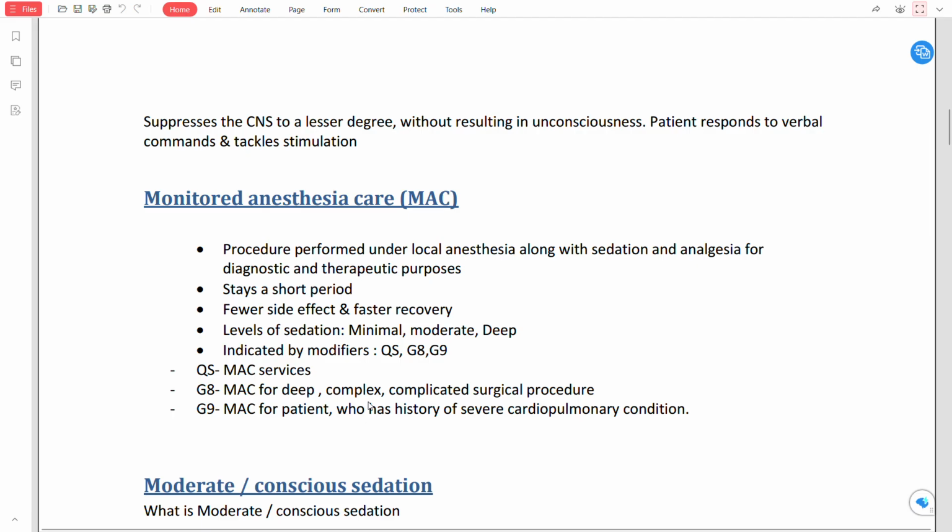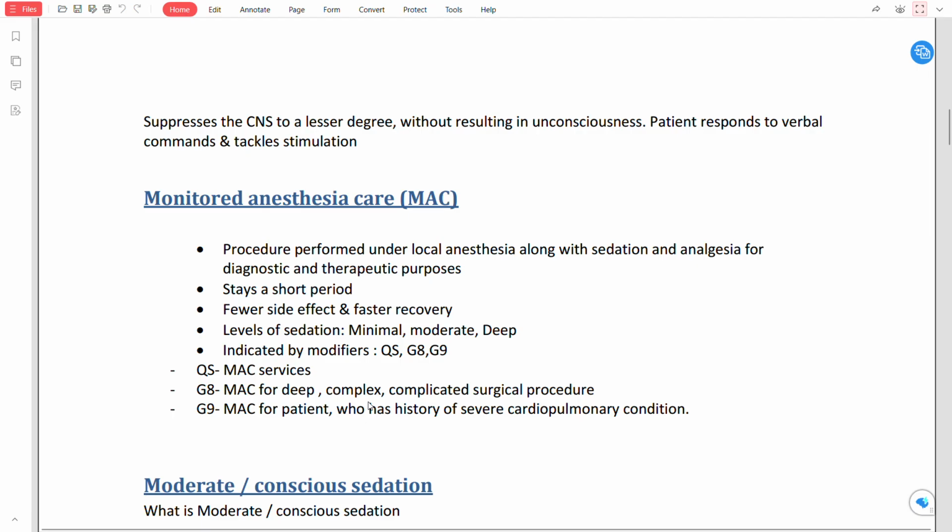There are 3 levels of sedation included in MAC: first minimal, second moderate, and third deep. They are indicated by specific modifiers: QS, G8, and G9.